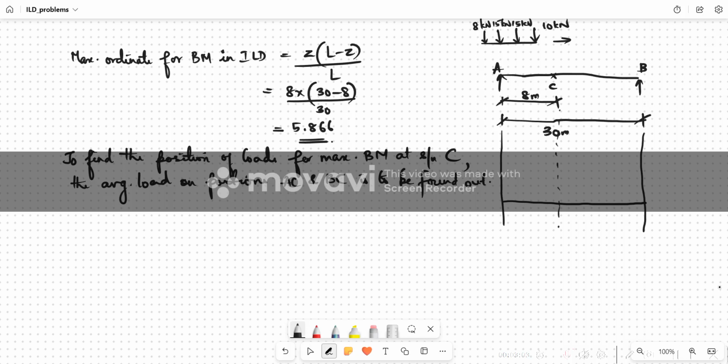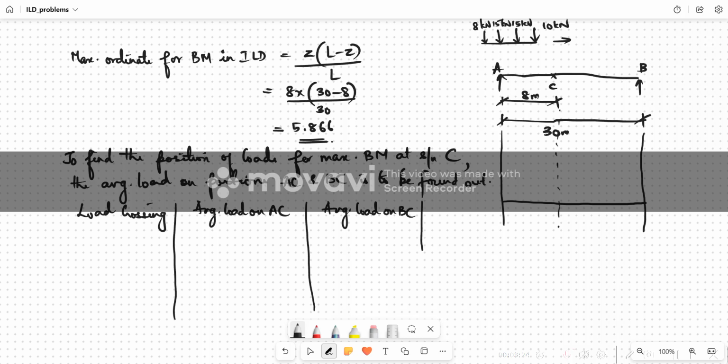I'm going to make a table. First is the load crossing, which load crosses section C. Then the average load on AC, next the average load on BC, and a column for remarks. I'll call the average load on AC as W1 and the average load on BC as W2.